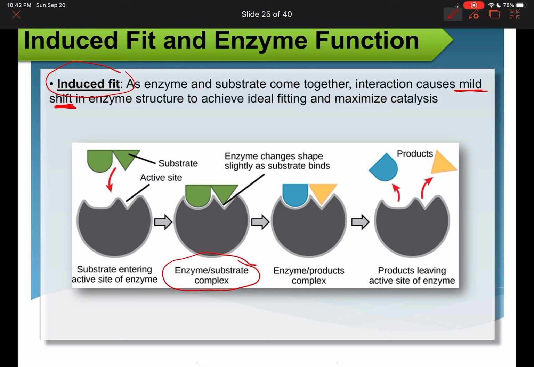If we look at this particular image here, see how this is kind of flat and this is somewhat of a pointy area? Well, this is very circular, very curved, and this is very pointy. So when that substrate binds to the enzyme right here, this particular area, although not perfectly fitting to the substrate, will undergo what's called induced fit, so that now it fits and wraps around that substrate very well to achieve the reaction catalysis and release the products at the end.